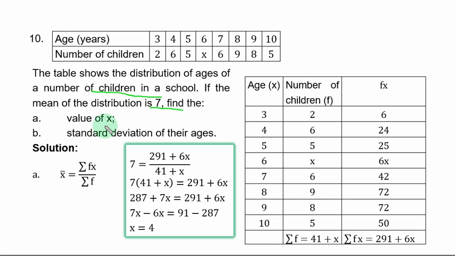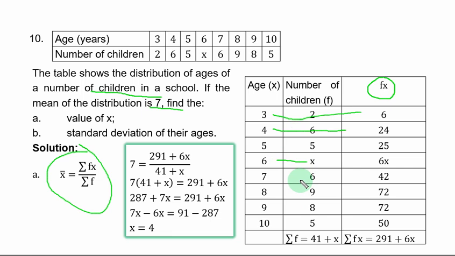So the mean for grouped data involving frequency is this. The mean s bar is equal to summation fs over summation f. From this table, you simply add the column for fs, and that is multiplying s by f. 3 times 2, you have 6. 4 times 6, 24. 6 times s, 6s, and so on.